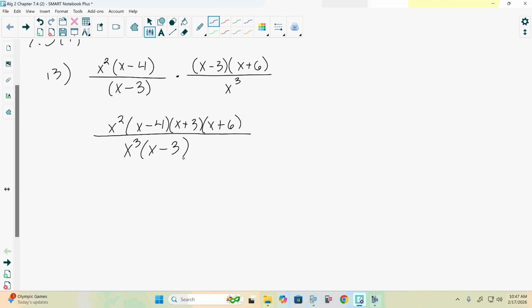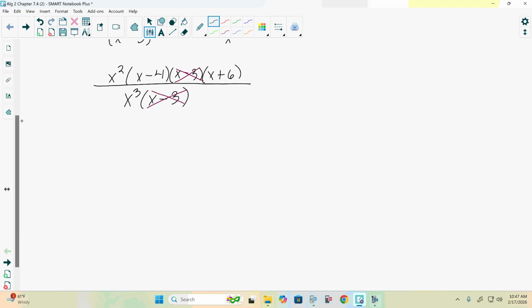So from here, we just multiply together, so we put everything on top, on the same part of the fraction, same thing for the bottom. Now our x minus 3, and this again should be minus, is going to cancel out. So our x minus 3 over x minus 3 will cancel, and that's the only set of like terms we have there. But we also have the x squared and x cubed.